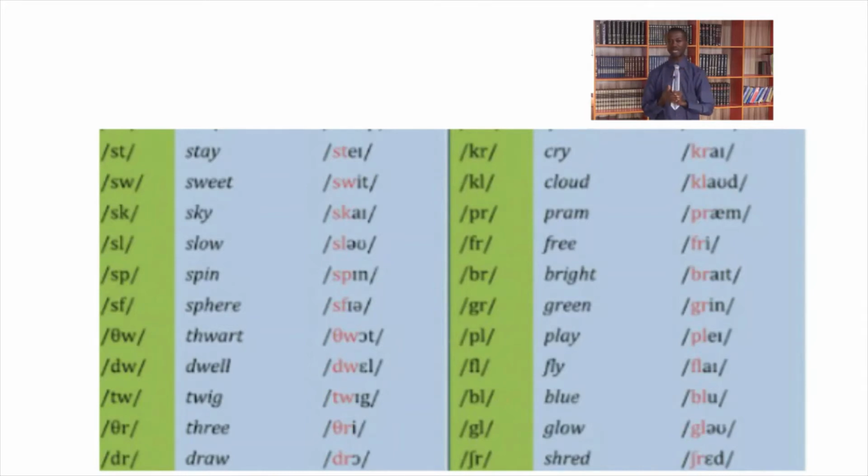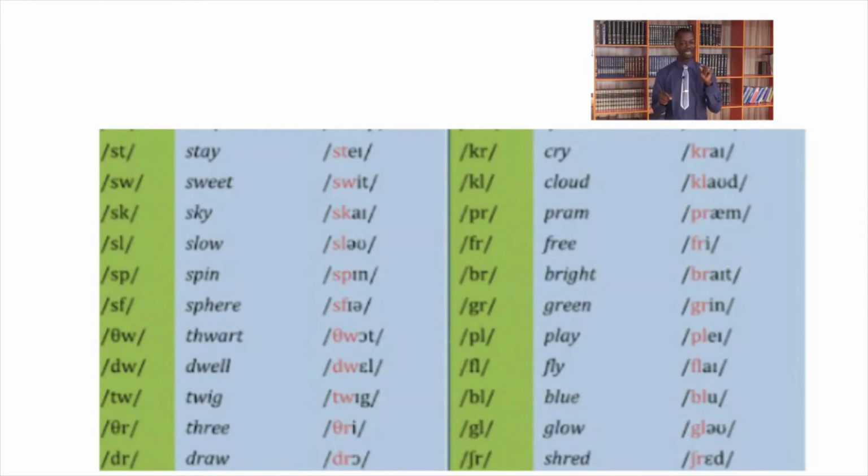But let me take you back to what I mentioned earlier when I mentioned digraph. I said a digraph is a combination of two letters that realize one sound. Like PH: the two letters there, P and H, are articulated as one sound.